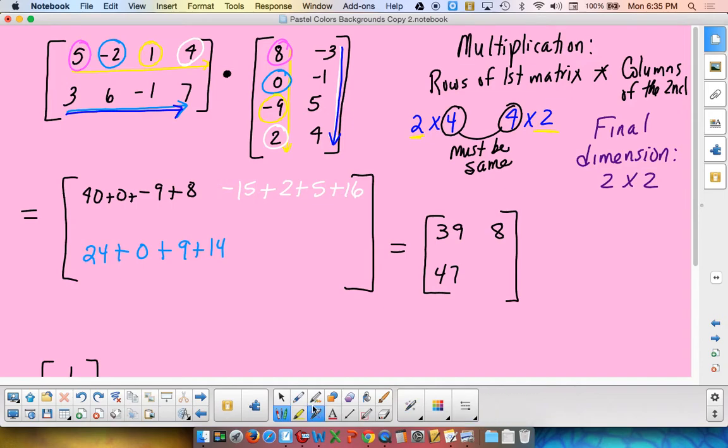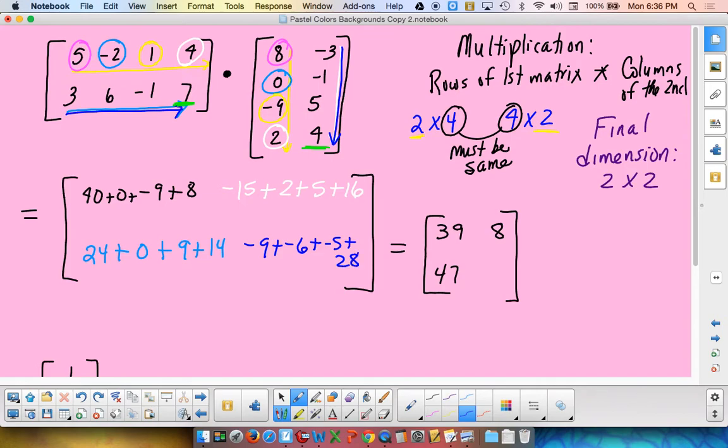And same thing, first number times first number is going to give me negative 9, plus second number times second number is going to give me negative 6, plus third number times third number, negative 1 times positive 5 is going to give me negative 5, plus fourth number times fourth number, 7 times 4, which would be 28.